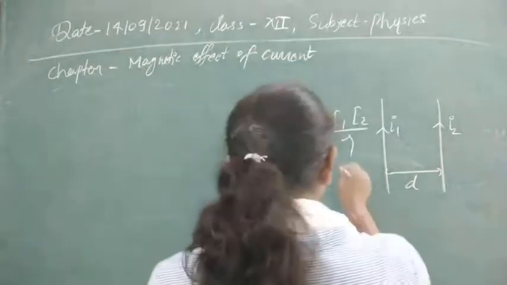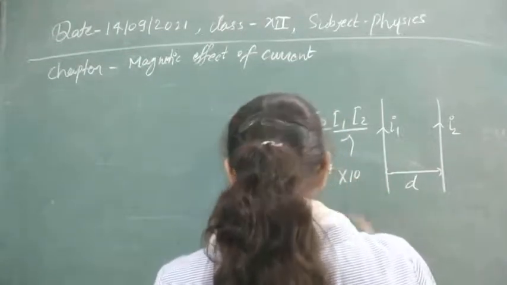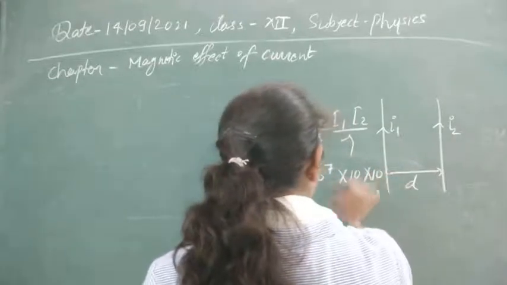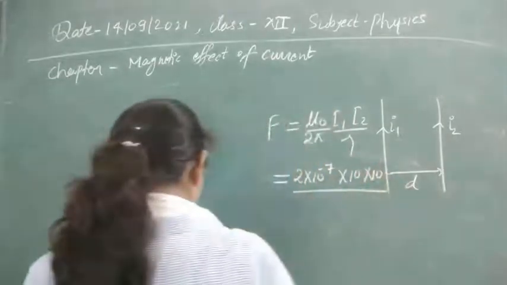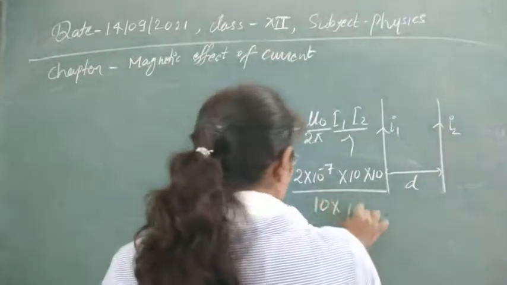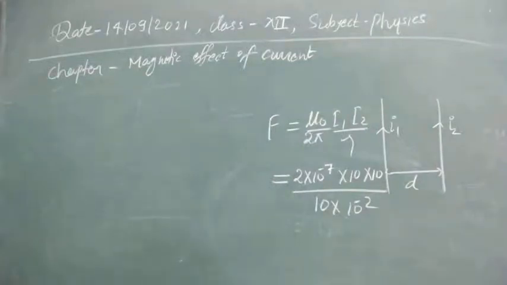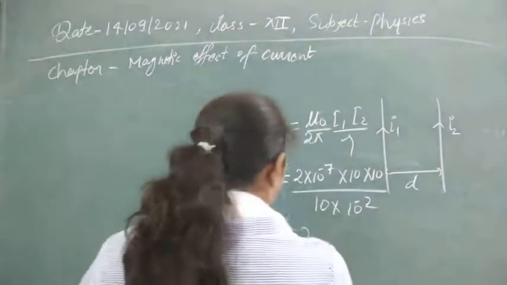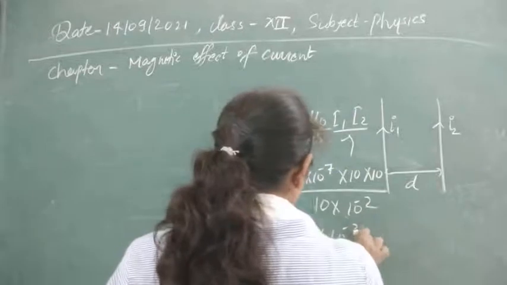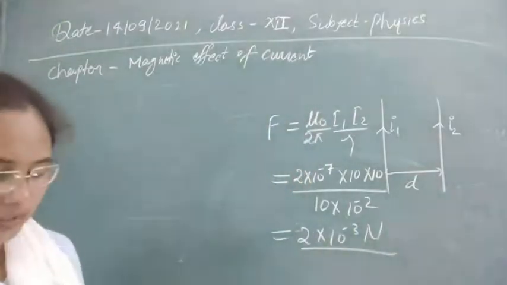I1 has value 10 ampere, and I2 has the same value, 10 ampere, and R, the distance between the wires, is given as 10 centimeter. If we convert it into meter, this is 10 into 10 power minus 2. Now if we solve, we obtain 2 into 10 to the power minus 3 Newton. This is the force applied by one wire on the other.